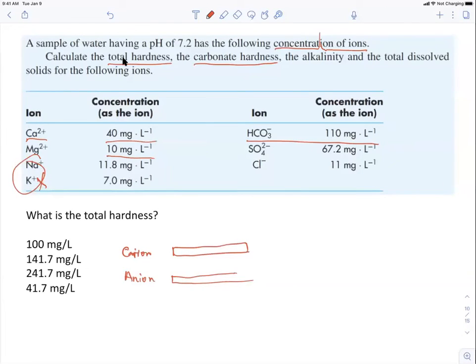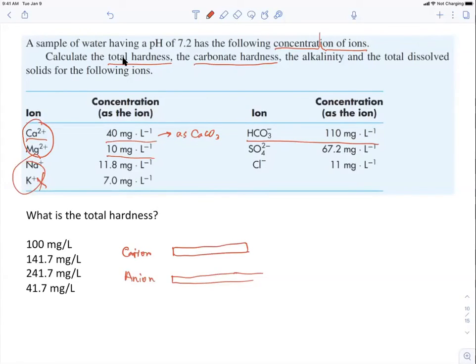Okay, so the cation, we see that it's mainly composed of the calcium ions and magnesium ions, right? So we should calculate what is their concentration. Of course, we cannot use their mass concentration directly. So we can convert it into the mass concentration as calcium carbonate. So if you remember, how do we do that?